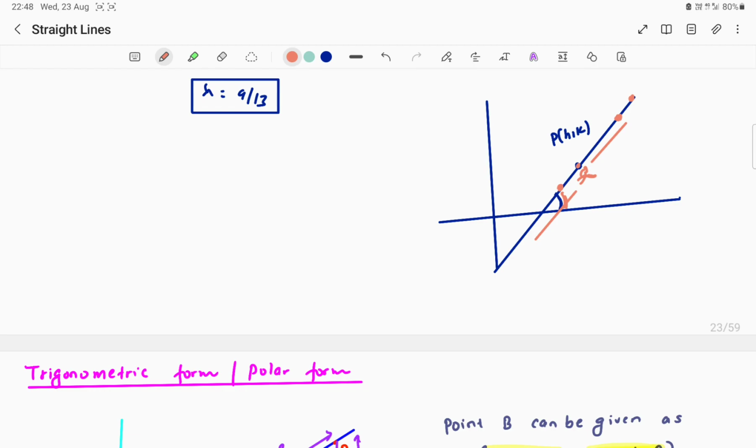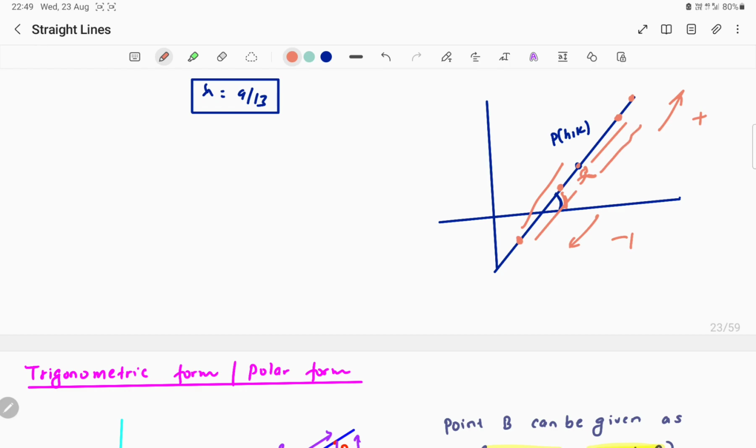But suppose for the distance, I use the term algebraic distance, meaning if it is in this direction you say plus, and if it is in this direction you say minus. When I ask you for a point at a distance of minus 3 units, how many answers will come? There will be exactly one answer, and it will be somewhere over here. A point at a distance of 2.5?